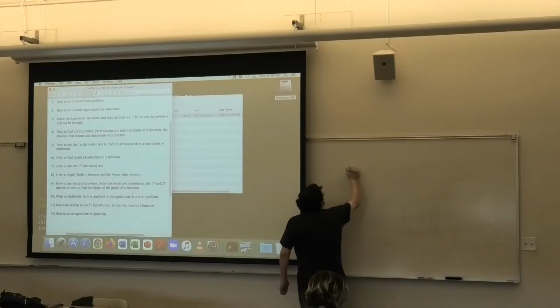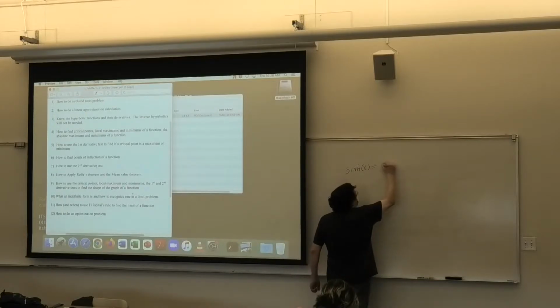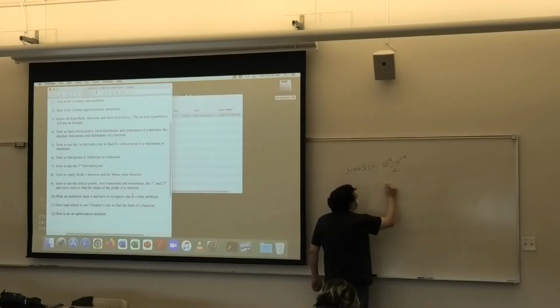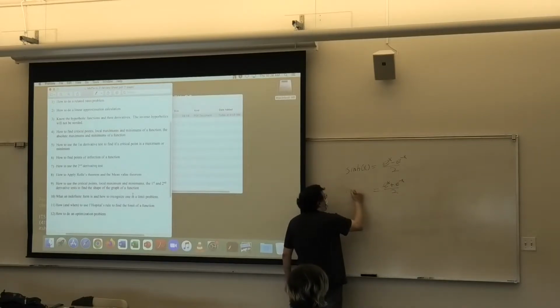If the hyperbolic sine is e to the x minus e to the minus x over 2, its derivative is e to the x plus e to the minus x over 2, which is the hyperbolic cosine.